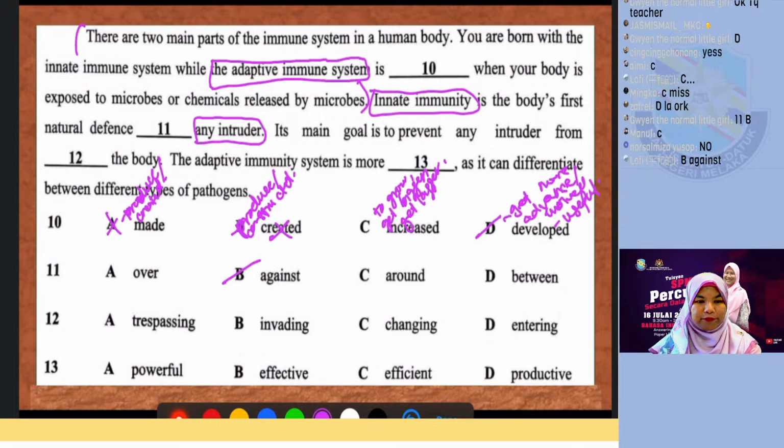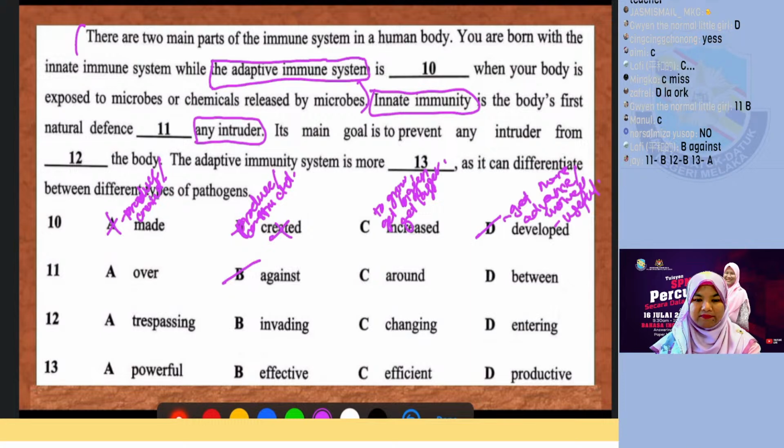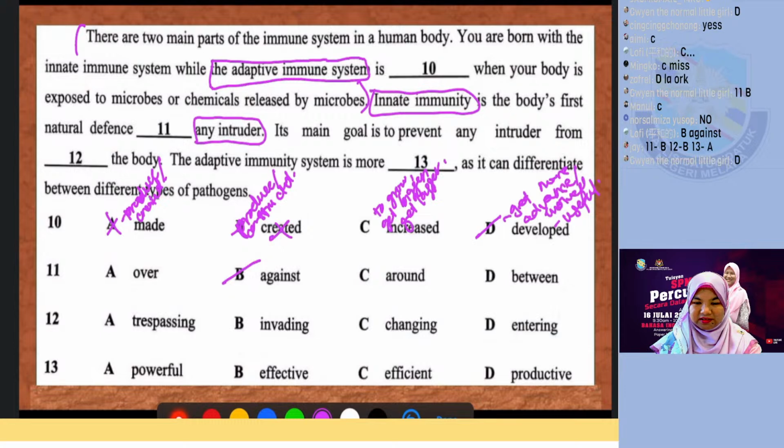Okay, 12. Its main goal is to prevent any intruders from trespassing, invading, changing, or entering. J said 11B, 12B, 13A. You are super fast. Grand D. Here I will differentiate the meaning of it. First, trespassing.